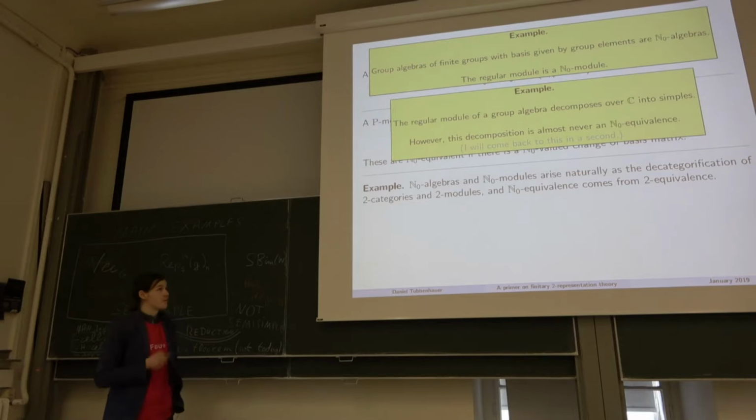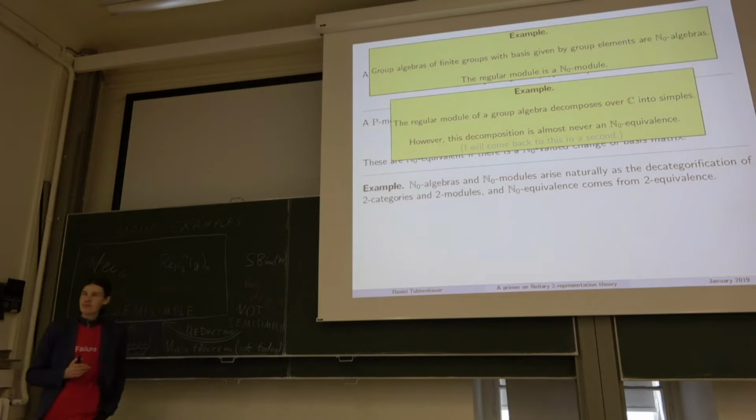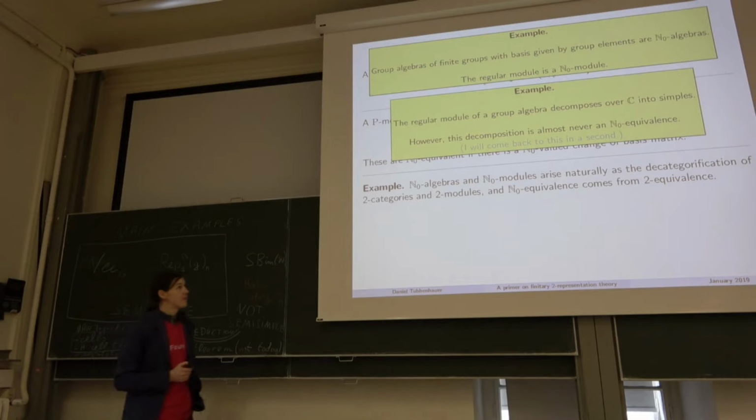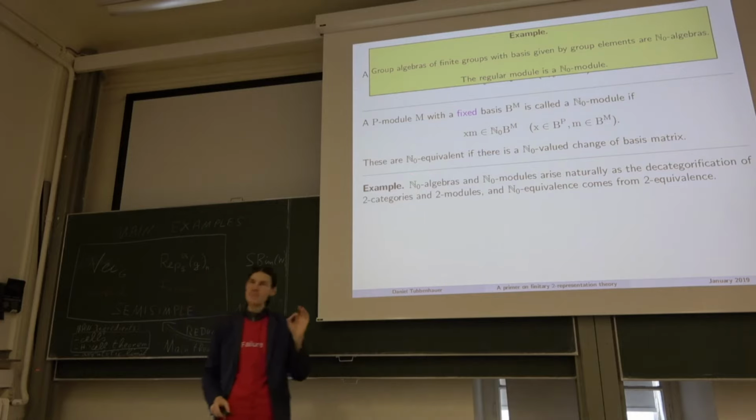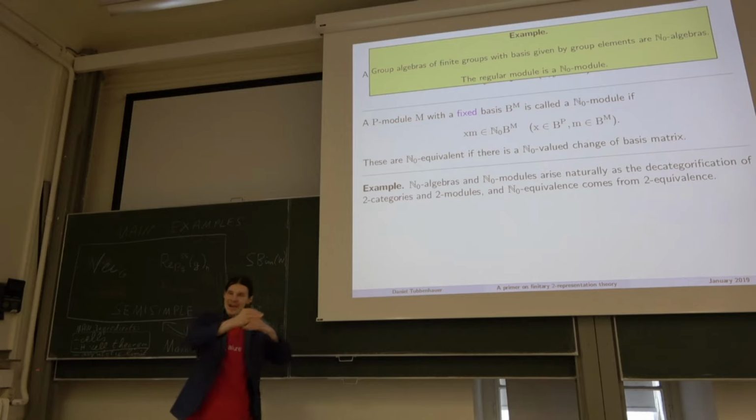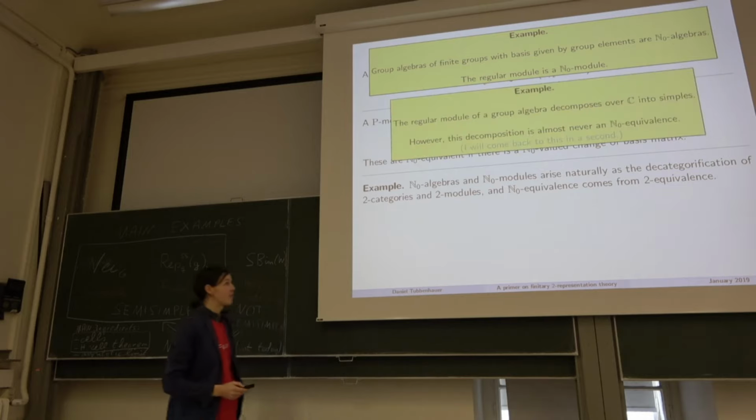And now comes the point. The regular module usually over C decomposes into simple modules. But this decomposition here, I've sneaked it in somewhere, equivalence in this setup means there is a base change matrix with only positive integers, right? You want to realize everything on the categorical level. So your base change matrix is only allowed to have positive integers.